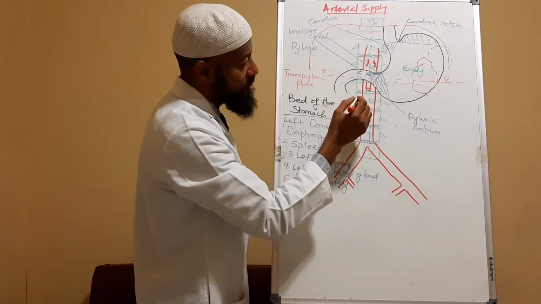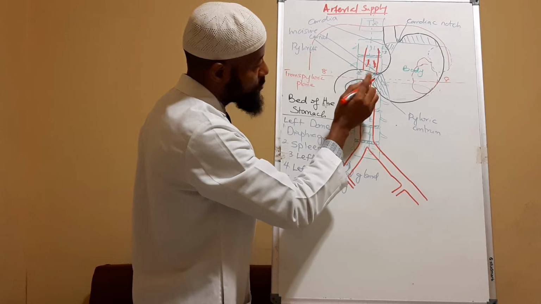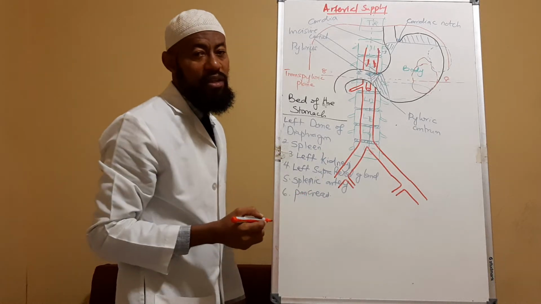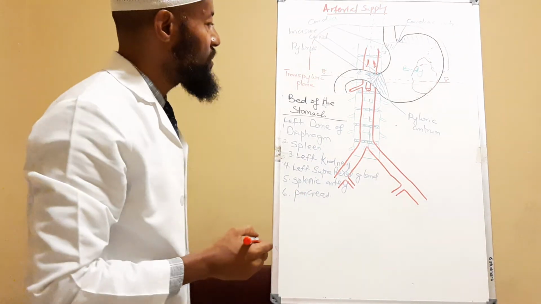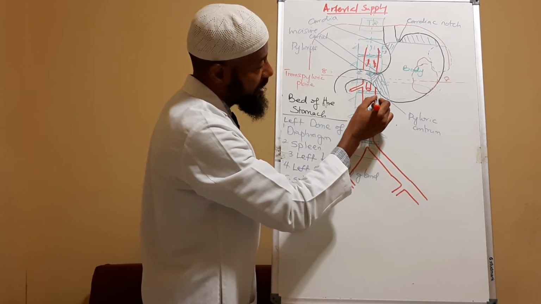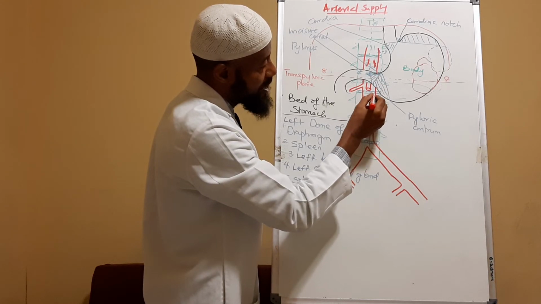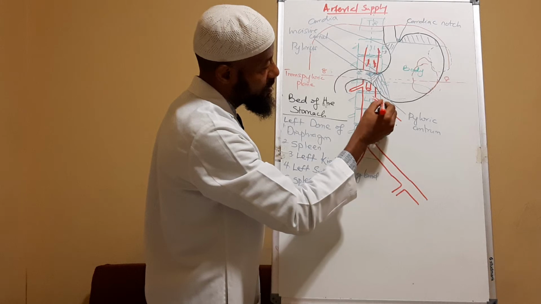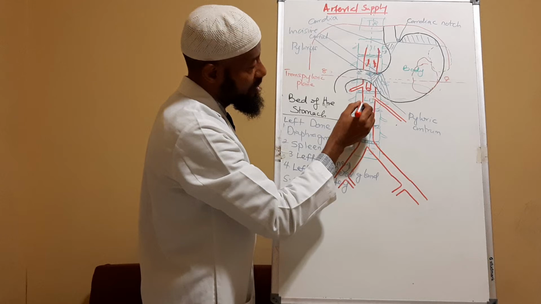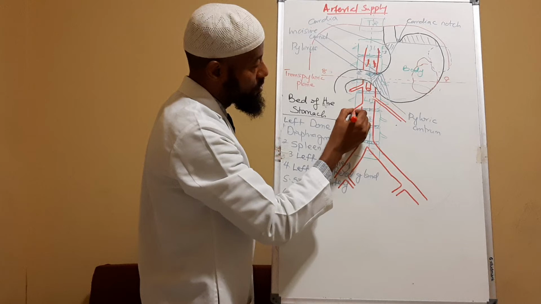At the same portion there, you would have these branches from the aorta, which are your left and right renal arteries. At the level of L2 is the branching of your testicular artery or ovarian artery. However, the left testicular artery is slightly higher than the right one.